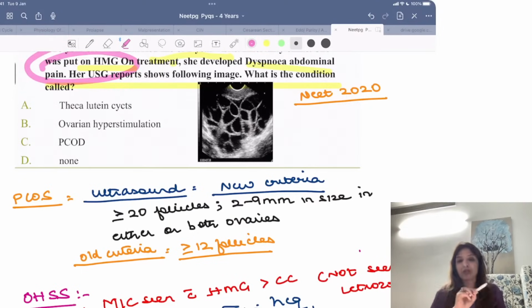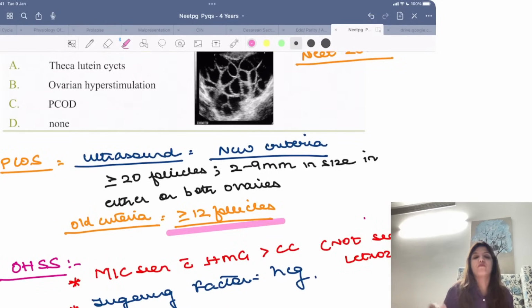Why is it not PCOS? See, in PCOS, the earlier ultrasound criteria was 12 or more follicles, 2 to 9 millimeters in size. Now the new criteria is more than or equal to 20 follicles, 2 to 9 millimeters in size. And these follicles are appearing larger than 2 to 9 millimeters. Number one. Number two, they have specifically told you that the patient has used HMG.